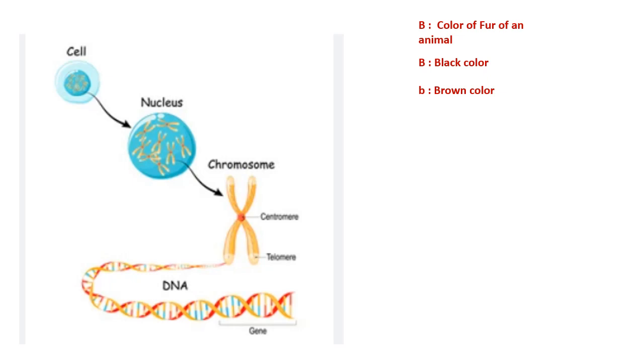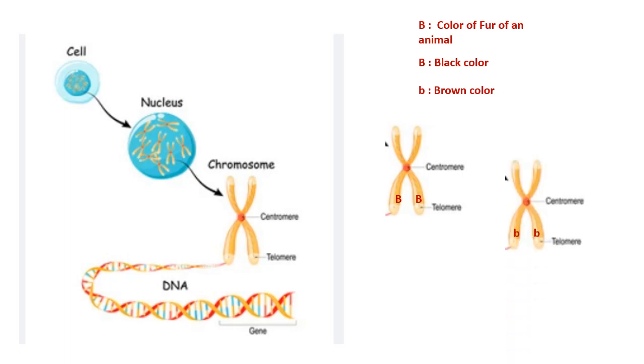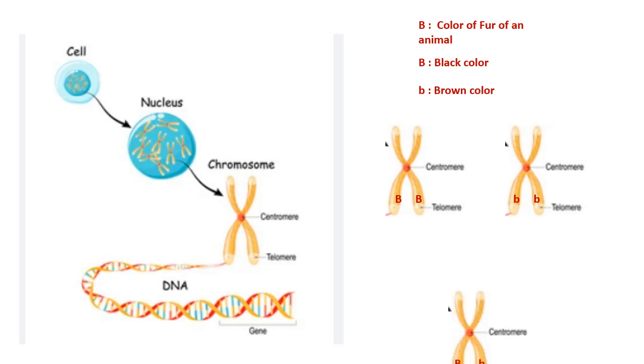Because the chromosome has two arms, both arms can have the same kind of allele, meaning capital B, capital B, or small b, small b. The next combination may be capital B and small b.